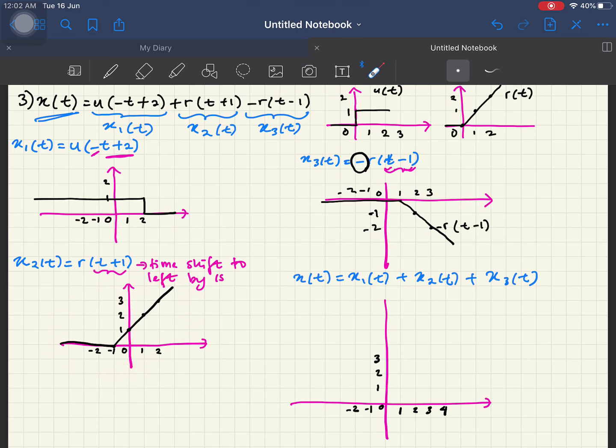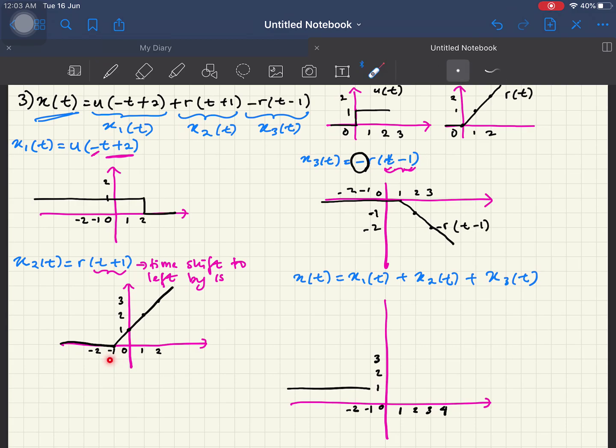The second graph has an amplitude of 0 from minus infinity until t equals -1. For the third graph, from minus infinity until t equals 1, you have 0 value. So the resultant signal will have an amplitude of 1 from minus infinity until -1.